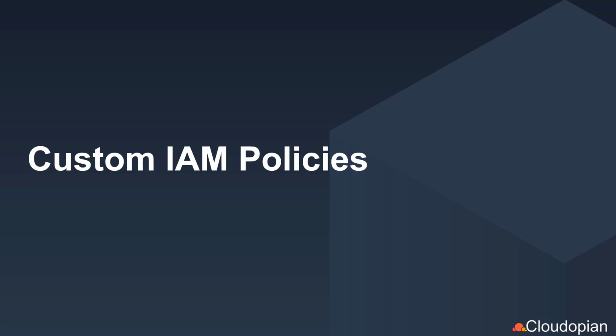But in more advanced cases, you need to customize the IAM policies that give you fine-grained permissions into AWS services. Let's now learn how to create custom IAM policies. Sometimes you call them customer managed IAM policies, and how to use them in your AWS environment.